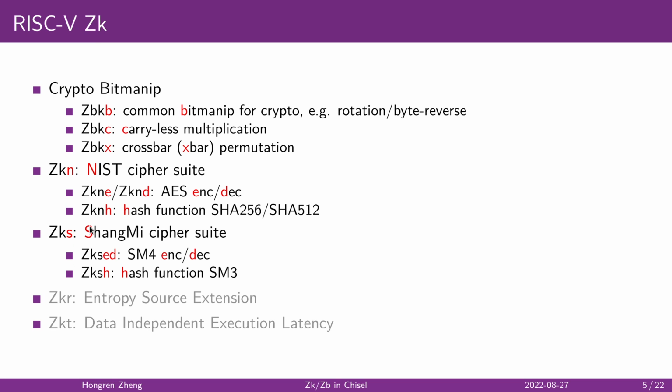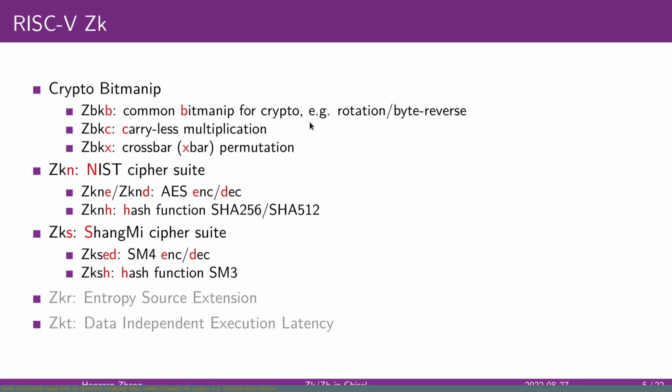Some brief introduction about ZK. For ZK, it covers these parts. Firstly, it covers some bit manipulation instructions that are common for crypto, like rotation, which is very common, and byte reverse, which is also very common.